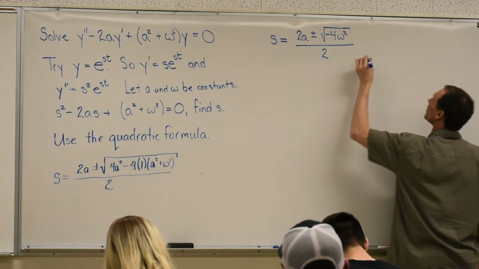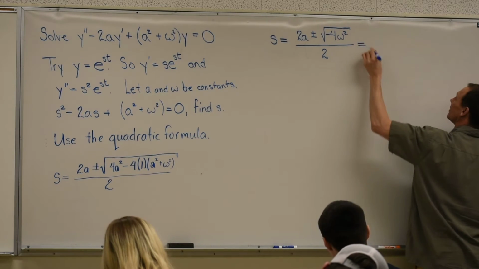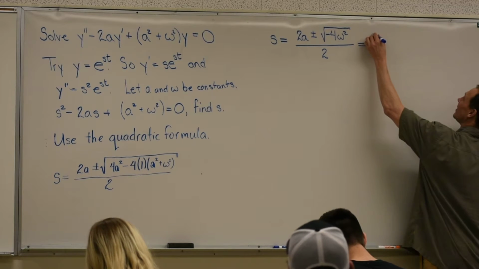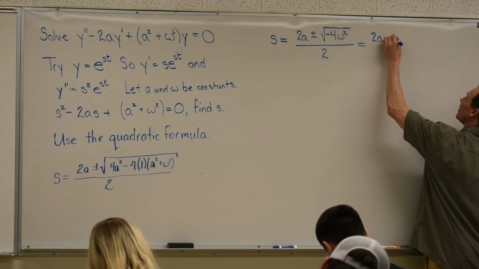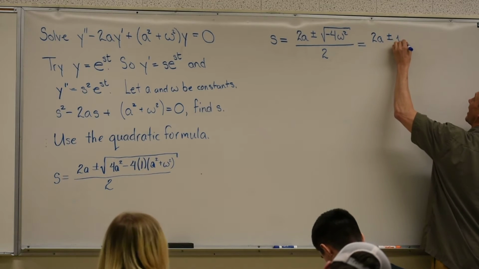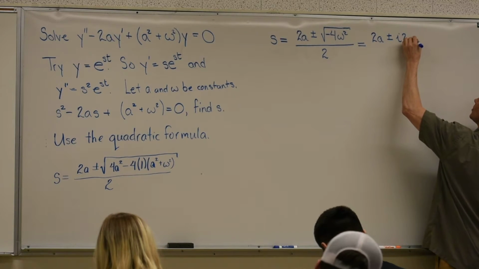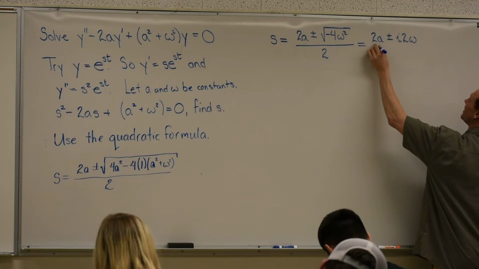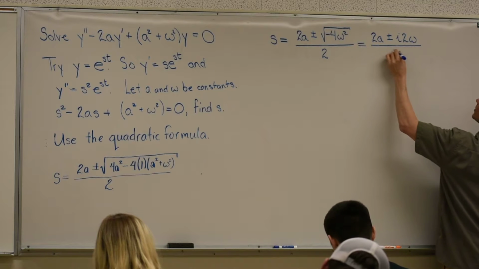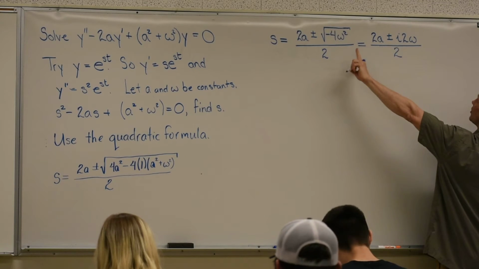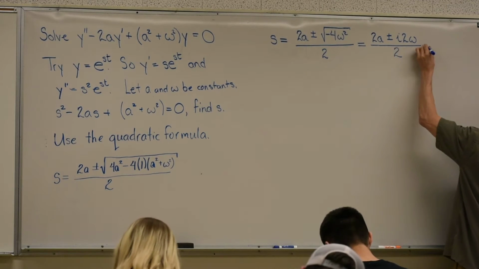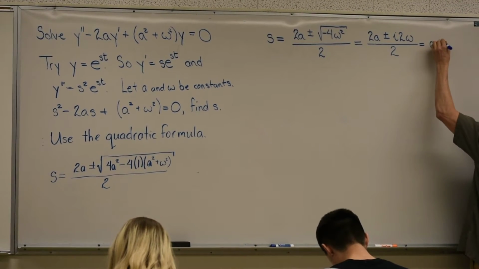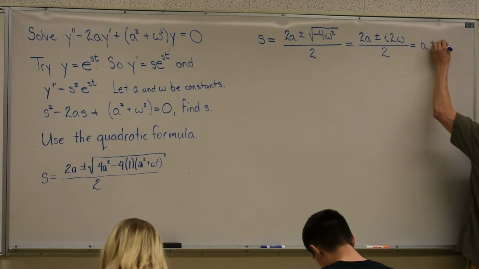This is going to be equal to 2a plus or minus i times 2 times omega. Oh gosh, that just cleaned up so nice. I didn't see that coming. Over 2. Factor out a 2 from every single term, and my answer is a plus or minus i omega.